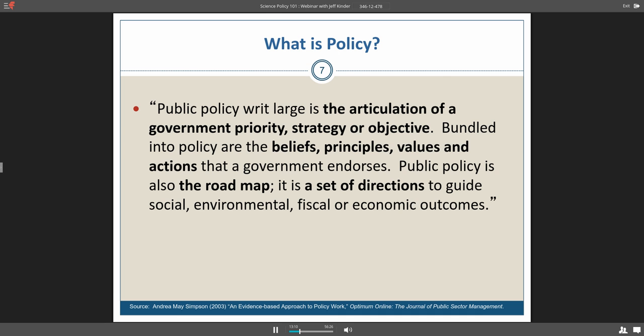And I like this definition because it talks about it as an articulation of government priority, strategy, or objective, but also embraces the notion that policy bundles in the beliefs, principles, values, and actions of a government. We can think of policy as a roadmap or a set of directions to guide government's actions across a wide range of activities.